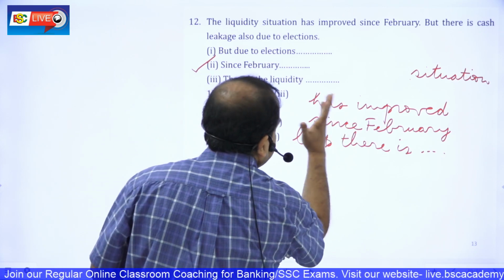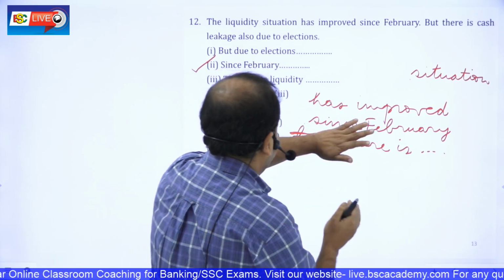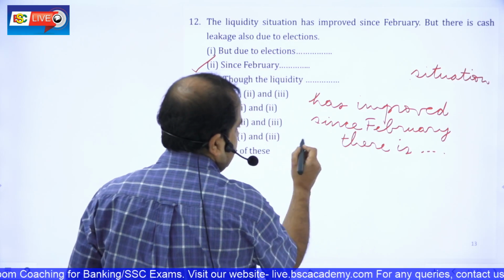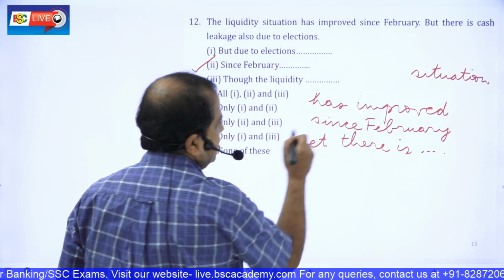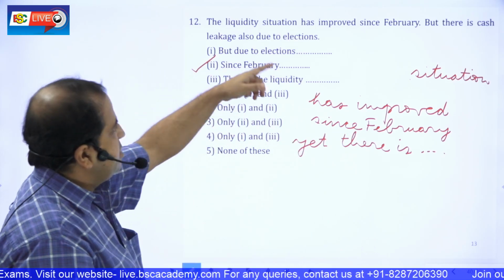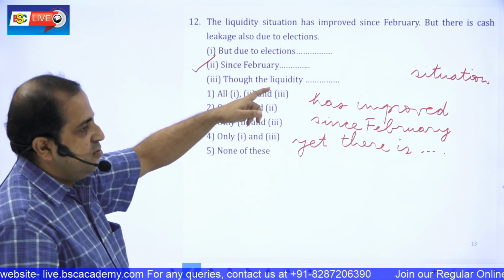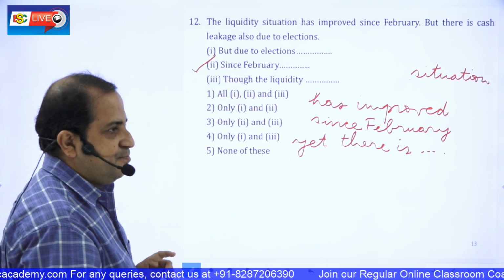So instead of this but, what we write is yet there is, and the rest of the sentence, cash leakage also due to elections.